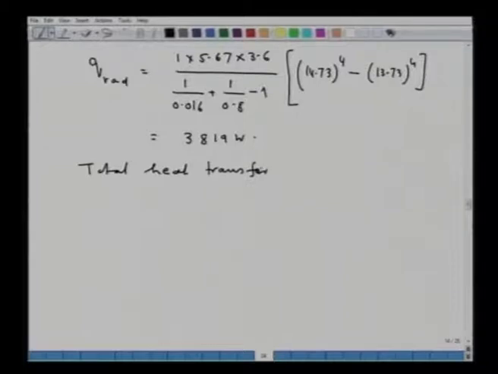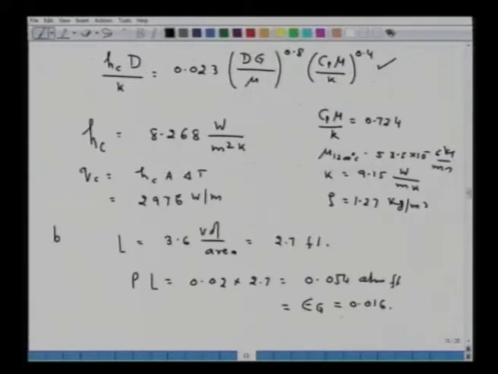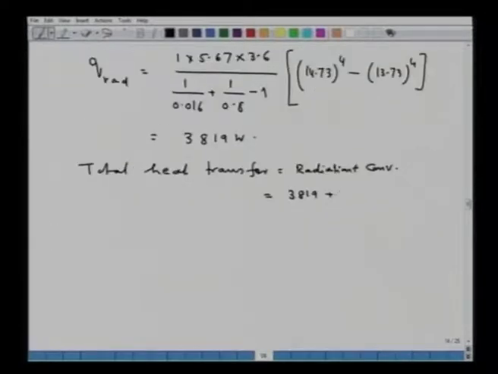So, total heat transfer when the gas has 2% moisture will be equal to radiation plus convection. So, radiation is 3819 and convection is what we have determined, Q convection, that is 2976.